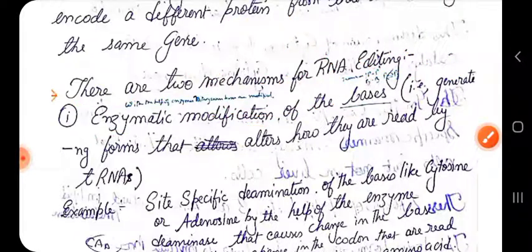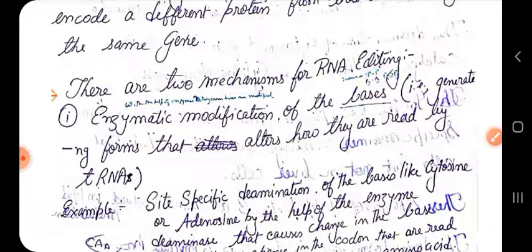We all know deamination, which we have studied in the mutation chapter, where the deaminase enzyme is responsible for the deamination process, where we can convert a nucleotide into another nitrogenous base.